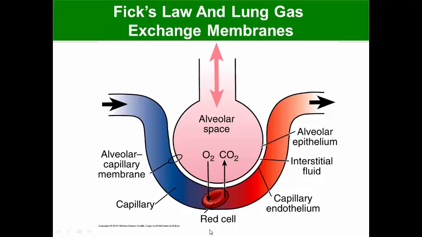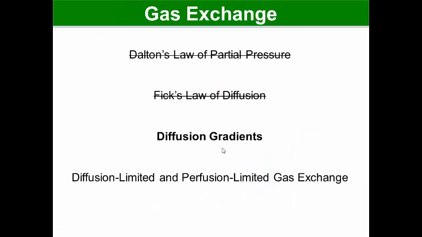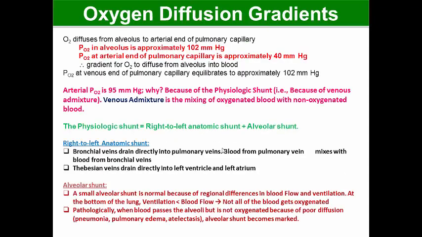Carbon dioxide diffuses in the opposite direction. Why? Because the partial pressure of carbon dioxide here in the blood in the pulmonary capillaries is 45 to 46 millimeters of mercury, while it is only 40 here.